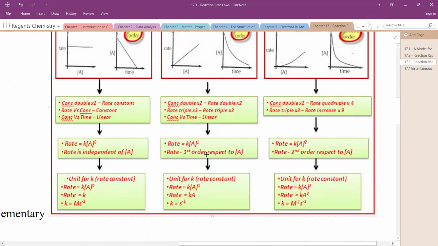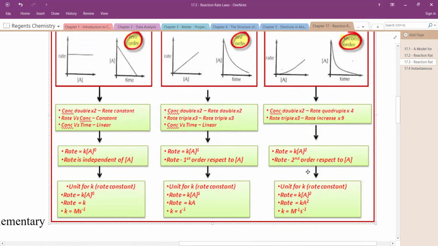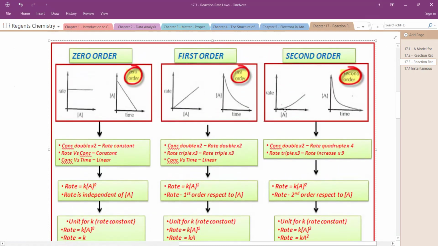Now, next, if I think about my second order reaction, second order is kind of cool. Maybe I double my concentration of A, and that results in a quadrupling of my rate of reaction, right? Or if I triple my concentration of A, then that really results in a 9 times increase in my rate of reaction.